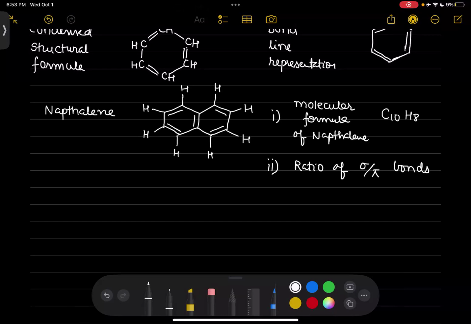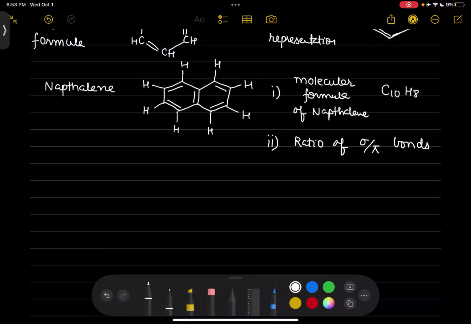Now we will come to the sigma bonds. So how many sigma bonds are there? 11. Actually, you might have calculated only these sigma bonds.